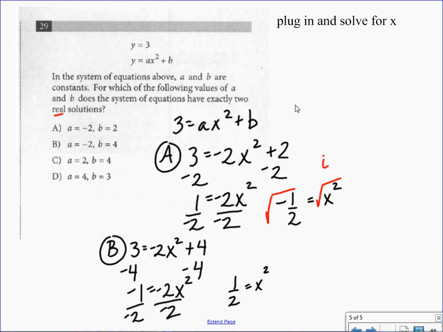So then when we take our square root, we have plus or minus. Note that when we take a square root, when we do this operation, we get plus or minus the square root of 1/2, which means we have 2 real solutions. So that's our answer for that one, because we have 2 real solutions.